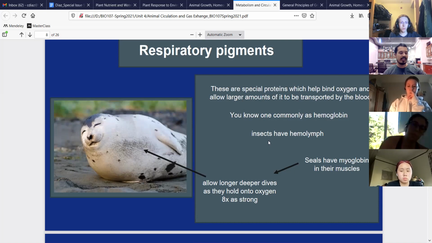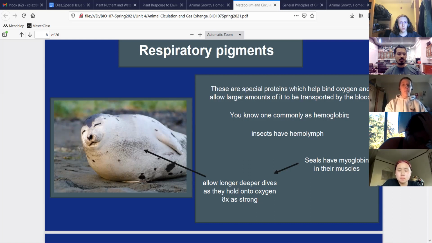Because insects have that open circulatory system, they're thin, and air is just pumping in and diffusing into their system, they don't need to have evolved as strong of a pigment to hold on. So they use copper in order to hold on to oxygen. We use iron. I cannot remember what the base of myoglobin is compared to hemoglobin, but myoglobin is stronger and able to hold on to more oxygen than hemoglobin.